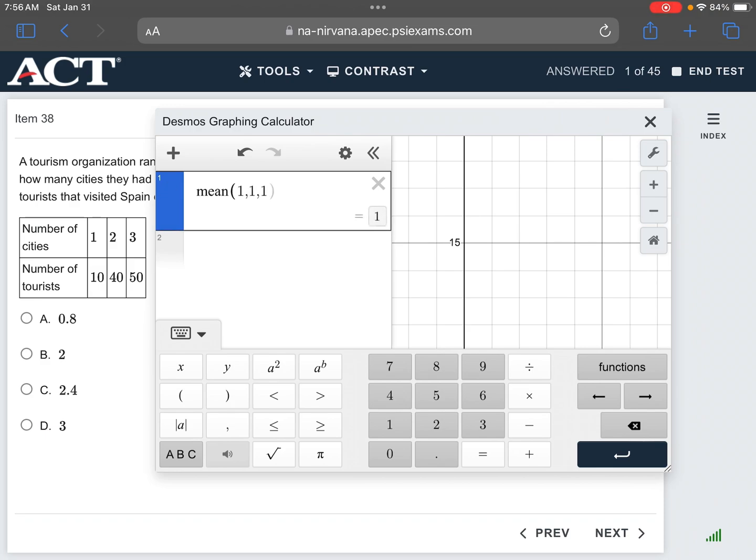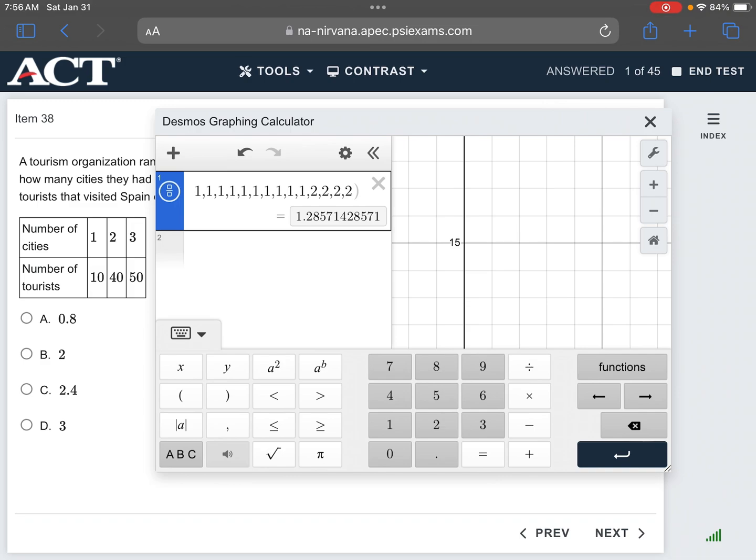And then it tells us 40 tourists visited 2 cities. So 2 would go in 40 times. And then I would do the same thing for 3, and I would have to put it in 50 times. So that would give me the average. And again, pretty easy to do on Desmos. Super annoying to put in all those values, but it would for sure give us our calculation.